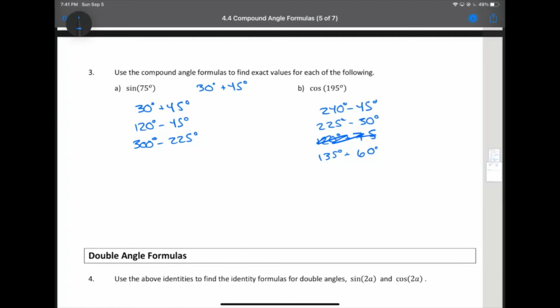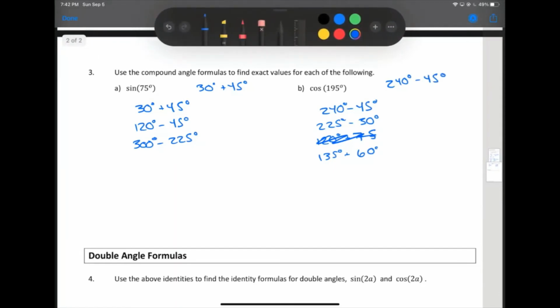Again, normally I would pick the smallest ones, which I think are 135 plus 60, but just for some variety, I'm going to do a minus. So for 195 I'll do 240 degrees minus 45. And I'm just going to erase those so that I've got a little more room to work, now that we don't need that thought process there anymore.